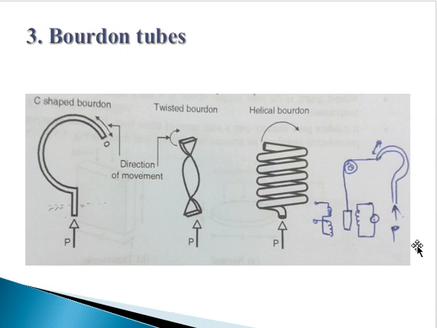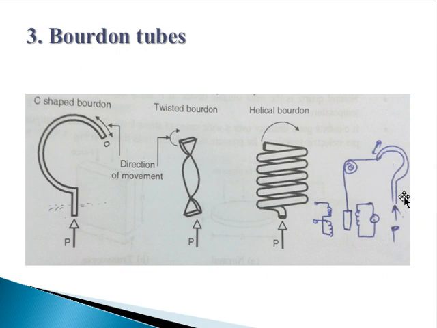Here I have shown one small diagram, which has the pressure transducer and this is your displacement transducer, or LVDT. Here we have applied the pressure to the Bourdon tube, and the Bourdon tube will change its shape in these directions, and due to this the core will move, because the core is attached to this C-shaped Bourdon tube.